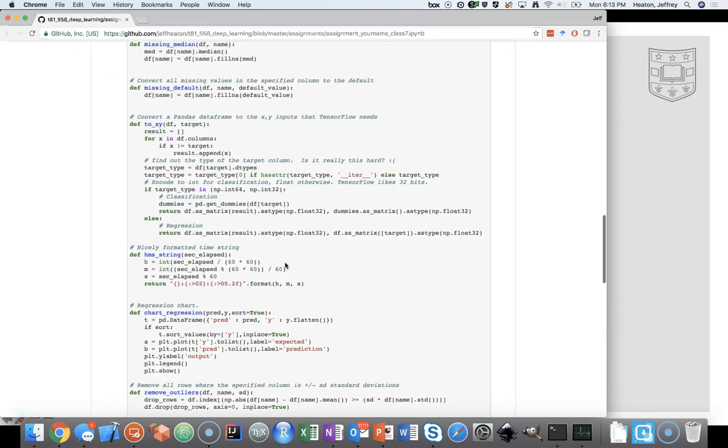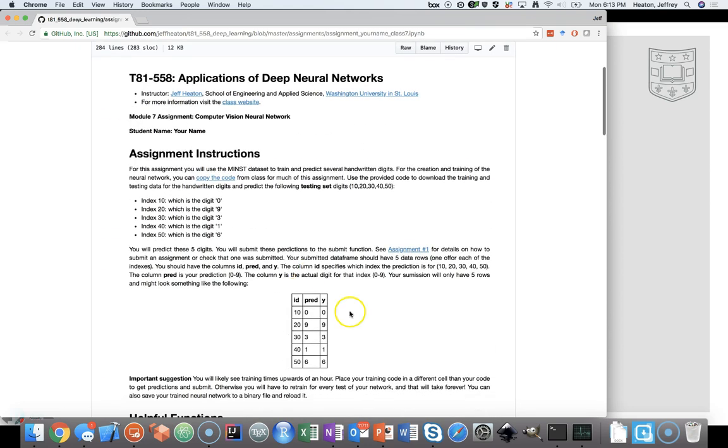What I'm asking you to do is look at IDs 10, 20, 30, 40, 50, which are actually digits 0, 9, 3, 1, and 6. This is what your submission file will look like. My prediction for those was completely accurate. I'm just testing you to see that you can pick out individual digits, submit them to the neural network for a prediction, and get the correct ones.